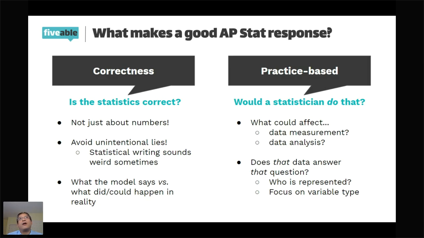So basically, when you're writing a comparison between two things, not only do you need to have the right numbers, but you need to make sure that a statistician would actually do the things that you're looking at, whether those practices are correct.